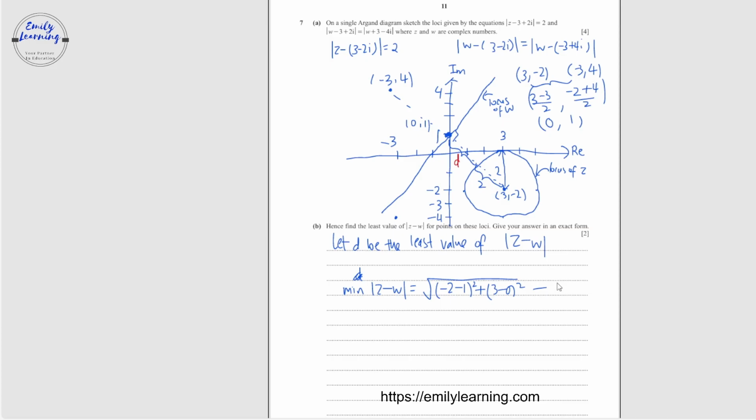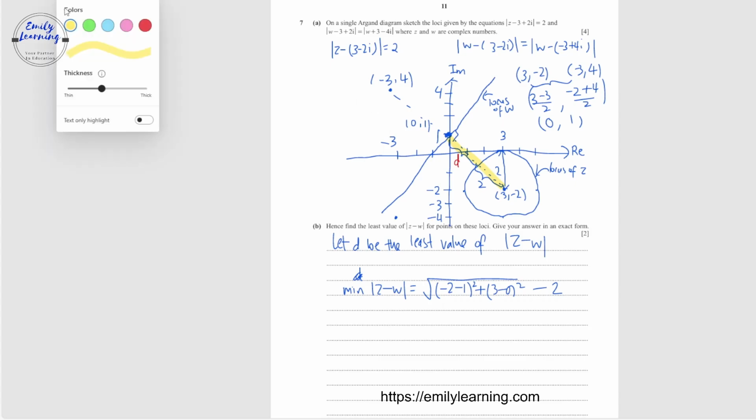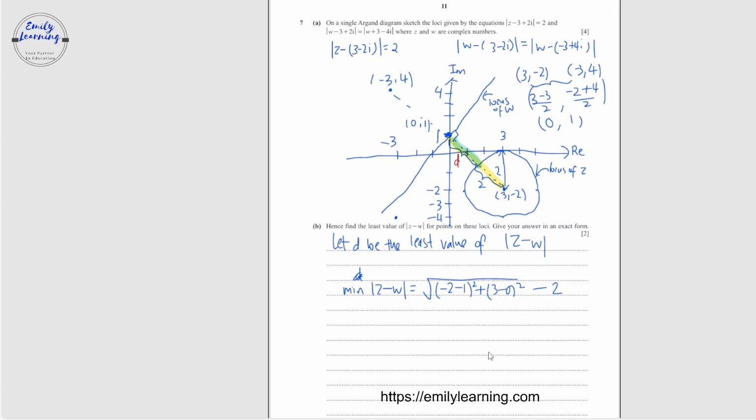Then minus the radius. When I find the distance between these 2 points, I'm finding the distance from here to here, right? But what is the minimum distance between W and Z? It is this one. This is the distance that I want. And this distance is basically the yellow line minus 2 units, or minus the radius of the circle.